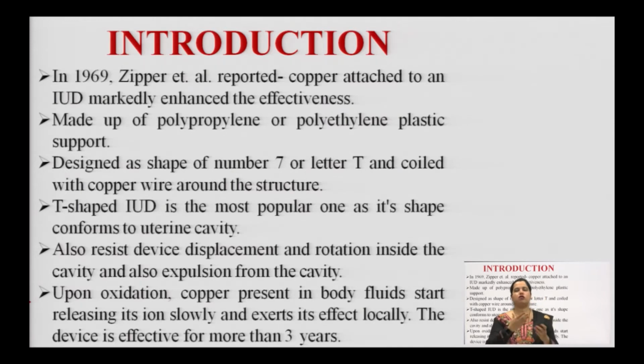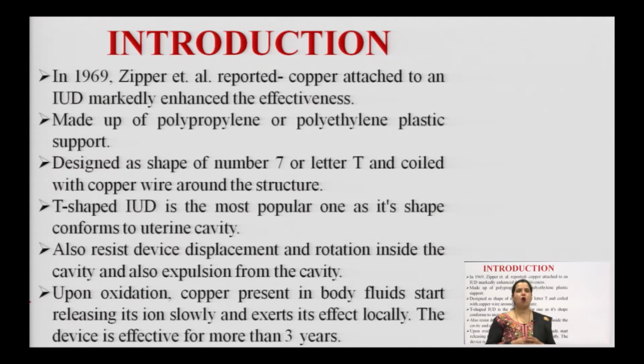So, T-shaped copper IUDs are more preferable than the 7 as they are retained in intact form within the uterine area. They also resist device displacement. The expulsion rate is much lower than other designs, as is rotation inside the cavity and expulsion from the cavity.